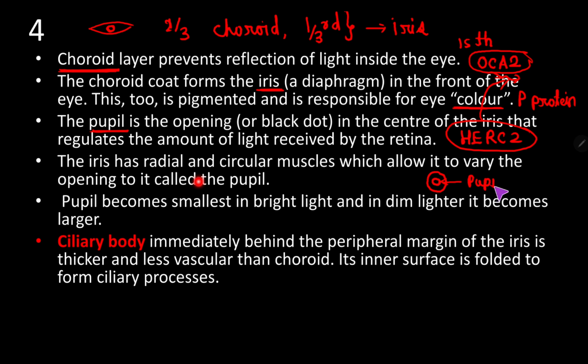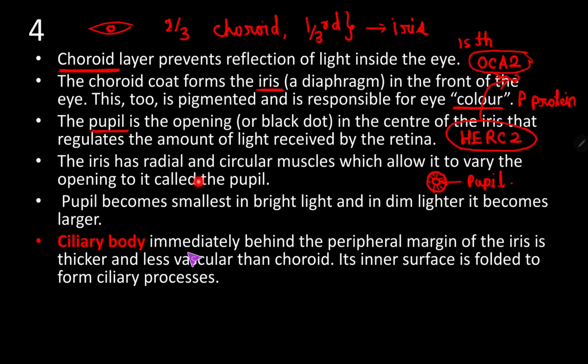This pupil will decide what amount of light will go to the retina. If the light is too bright, the pupil becomes smaller, and when the light is dim our pupil will dilate, isn't it? And this dilation is controlled by different muscles. We will see that in detail when the time comes.